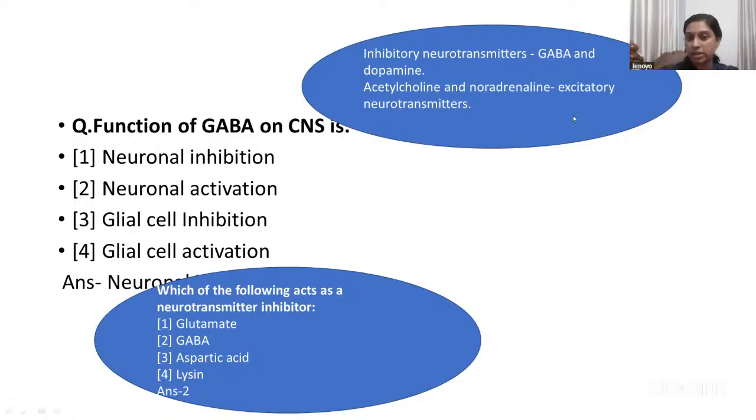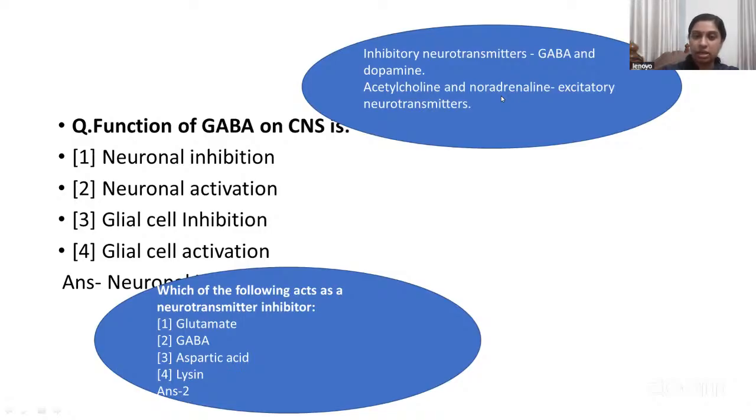And acetylcholine and noradrenaline are obviously excitatory neurotransmitters. Acetylcholine is secreted at the end plate. And noradrenaline, we have studied in the sympathetic nervous system, where the neurotransmitter is noradrenaline.